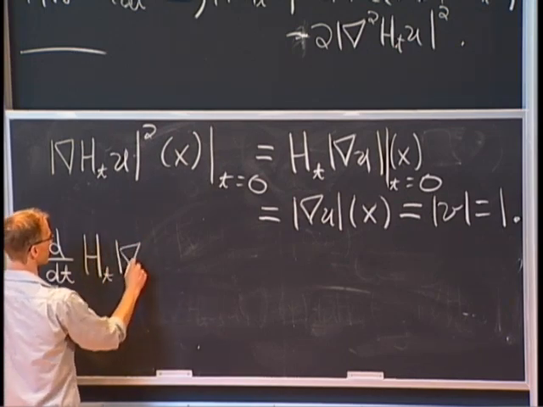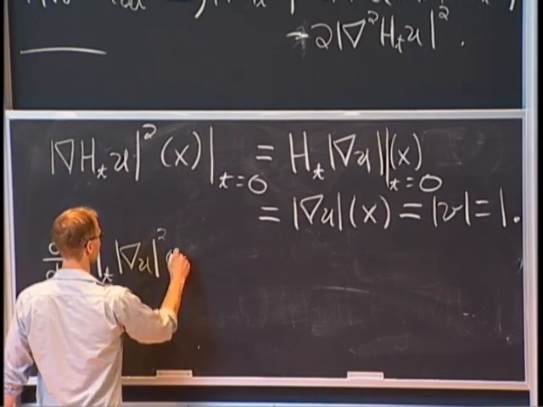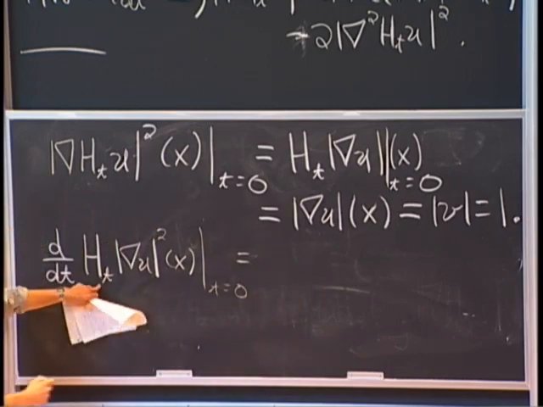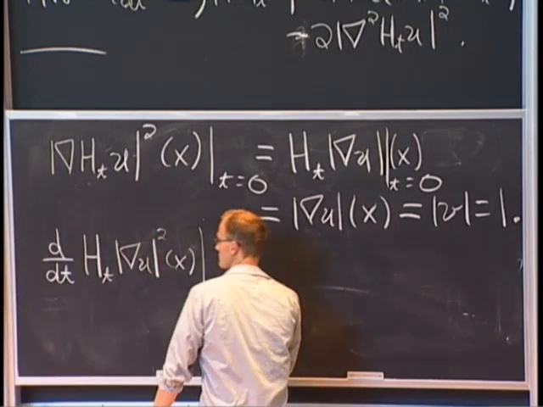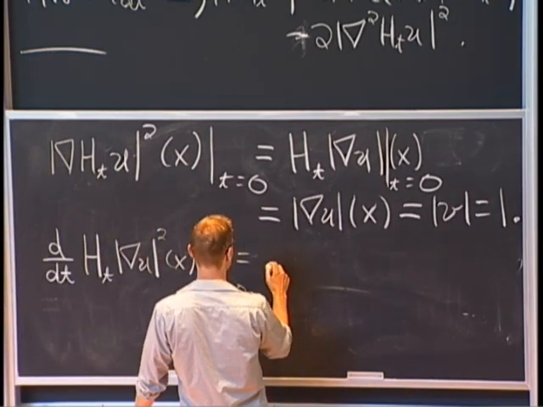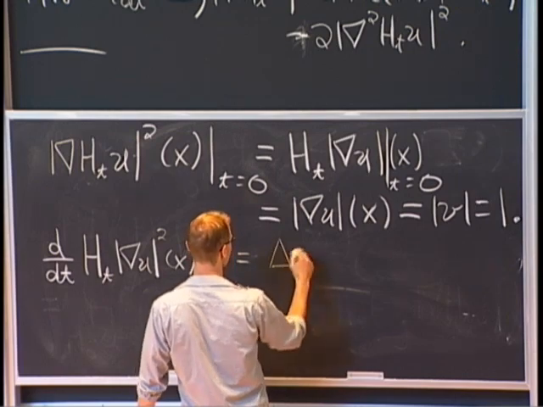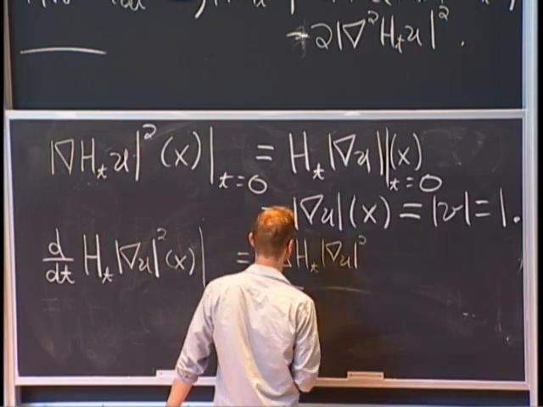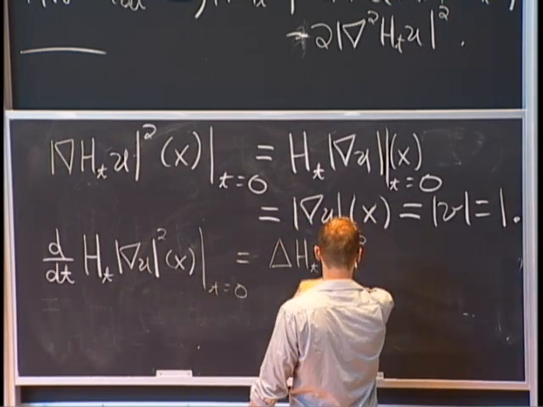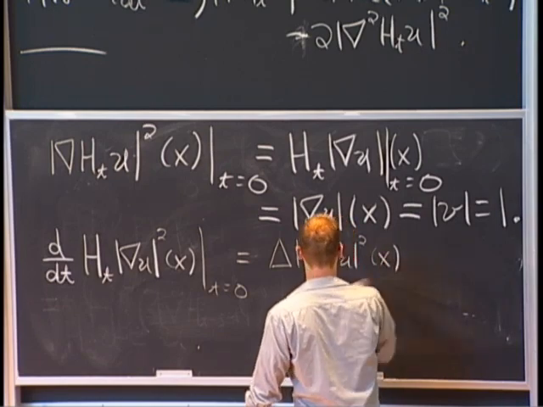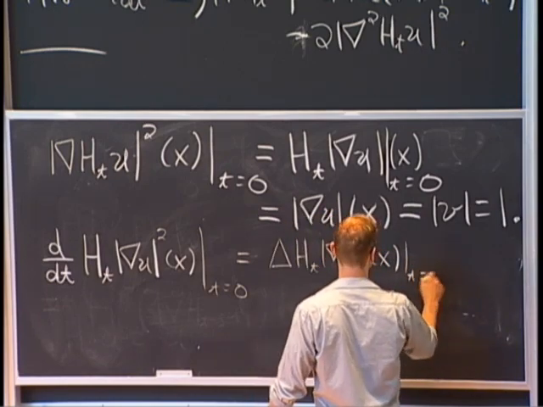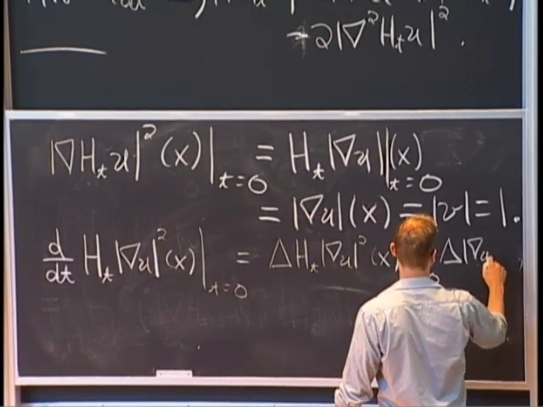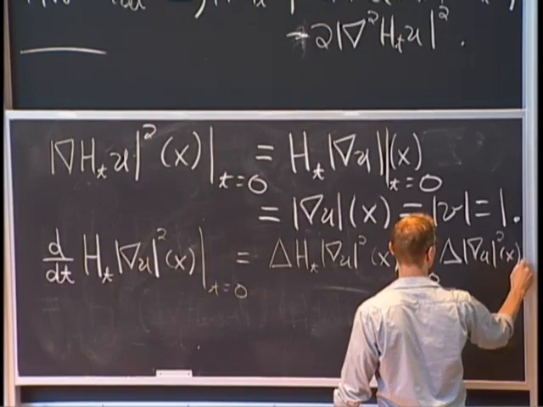H sub t, the gradient of u squared at x at t equals 0. Well, what is this thing? This is just equal to the Laplacian of h sub t of the gradient of u squared, evaluated at x at t equals 0. So this is just equal to the Laplacian of the gradient of u squared at x.